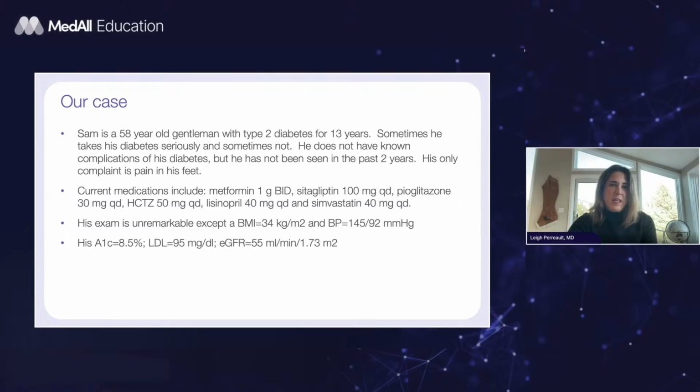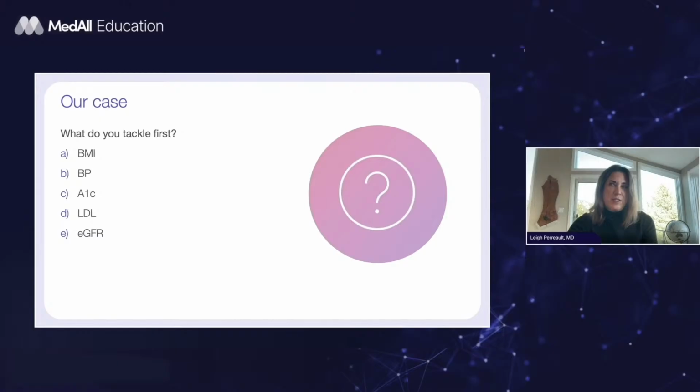Take all that in and think to yourself how you would answer this next question. What would you tackle first? Is it BMI, blood pressure, A1C, LDL, or eGFR? All of these things are not terrible, but they're not great. And I think the answer is you could probably tackle just about any of these first.